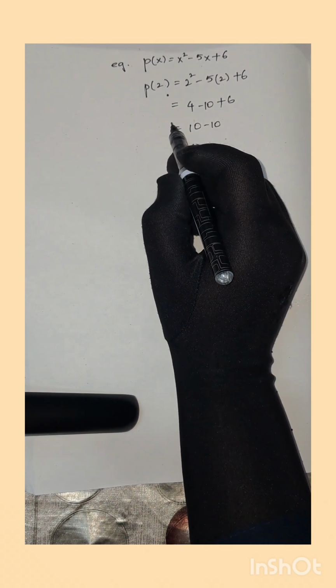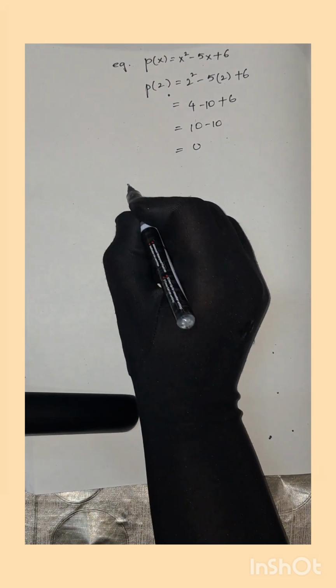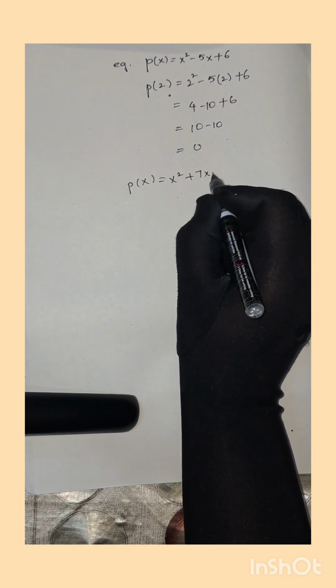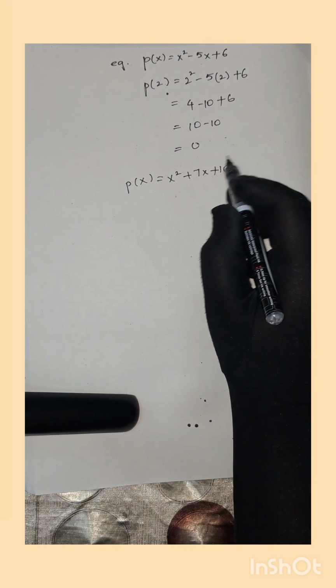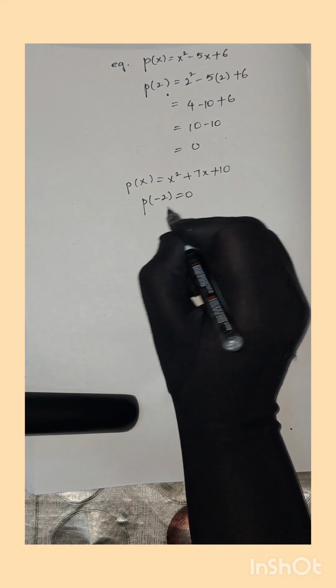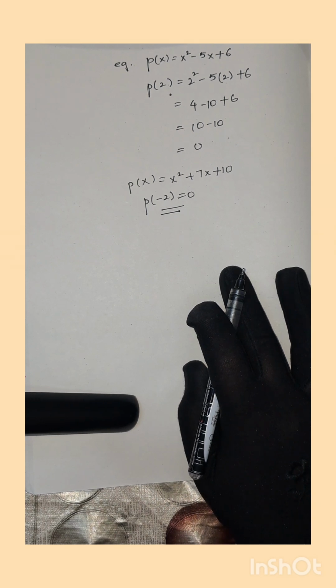So it means that x minus 2 is a factor of P of x. Next, conversely, if P of x is equal to x square plus 7x plus 10 and x plus 2 is a factor, then P of minus 2 is equal to 0. So this is nothing but your factor theorem.